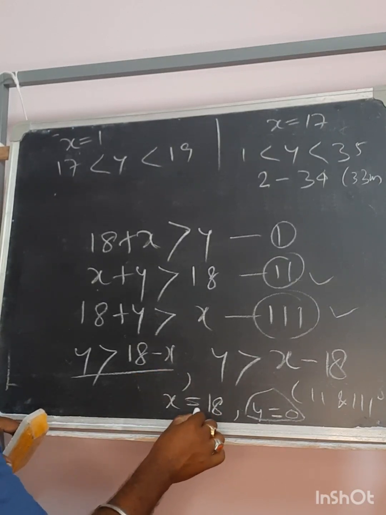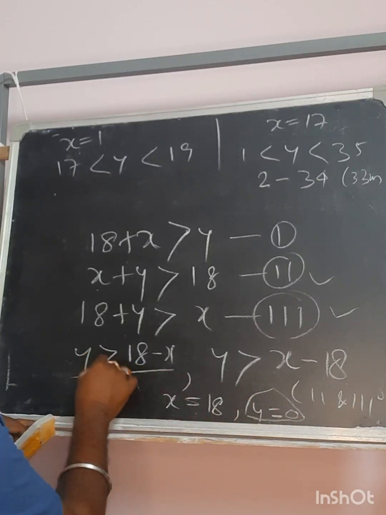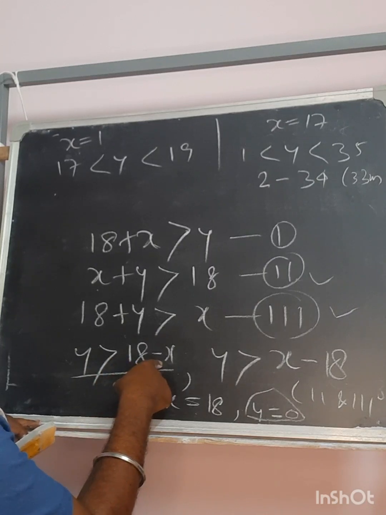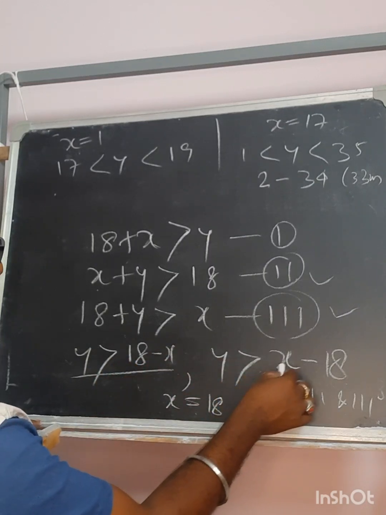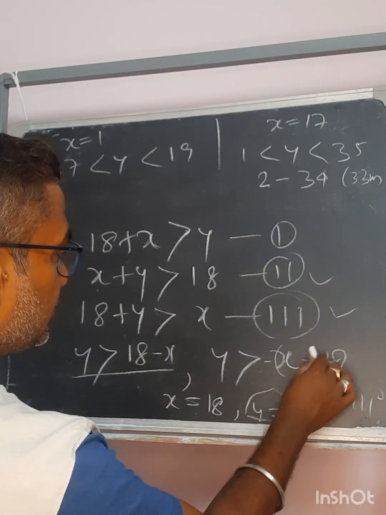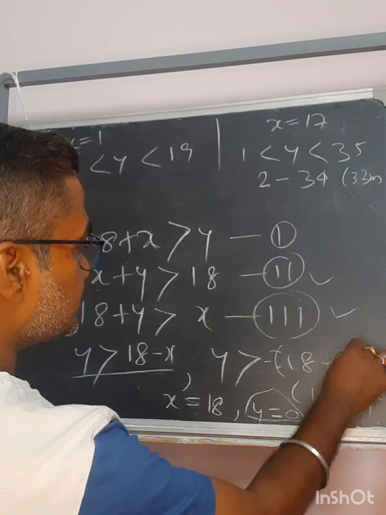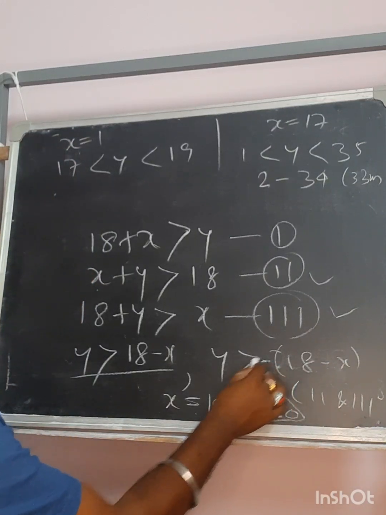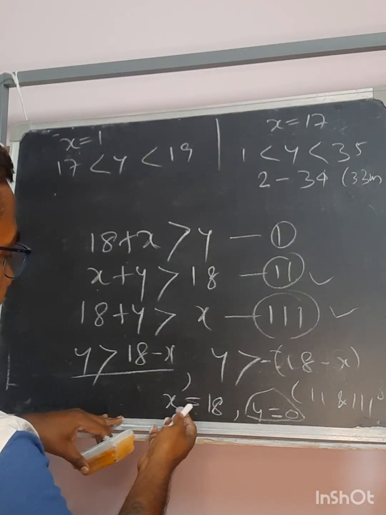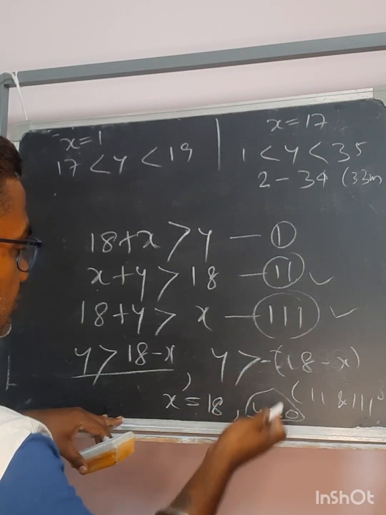But if I take x equal to 18, the y value is 0. See, it is y equal to 18 minus x and y equal to x minus 18, the reverse of that. That means if I take the minus, it implies both minus and plus values for the same value, so it cannot be possible. And if I take x equal to 18 only, it's satisfied, but then y is equal to 0 only.